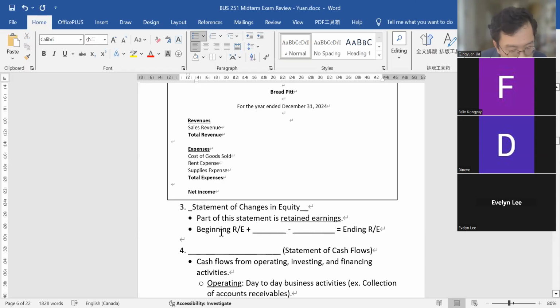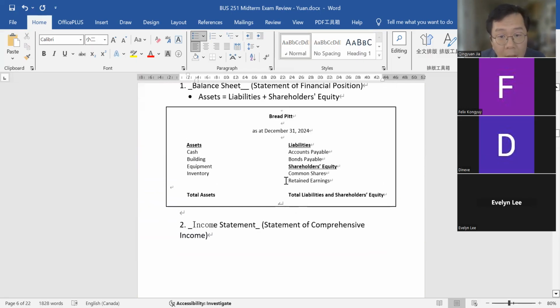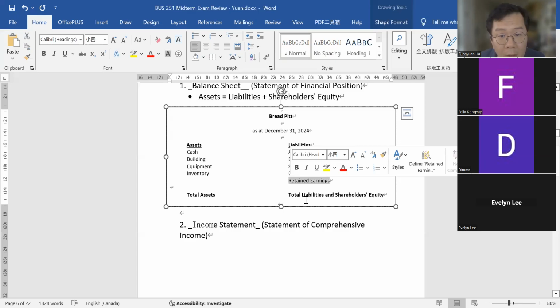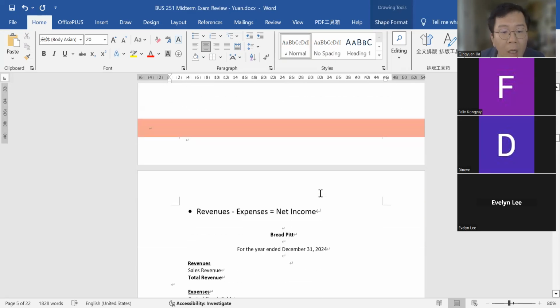So it shows the movement of the equity, and part of this statement is retained earnings. This account we should be very comfortable and familiar with. So this retained earnings is also shown in the balance sheet in the shareholders' equity part. And as you can see here, retained earnings is in the shareholders' equity.